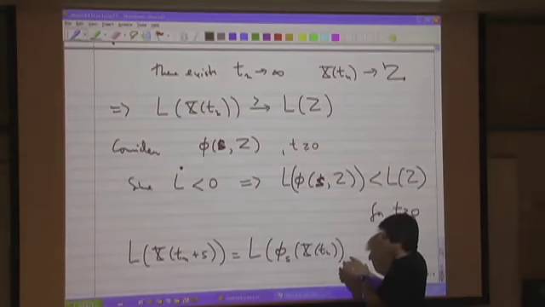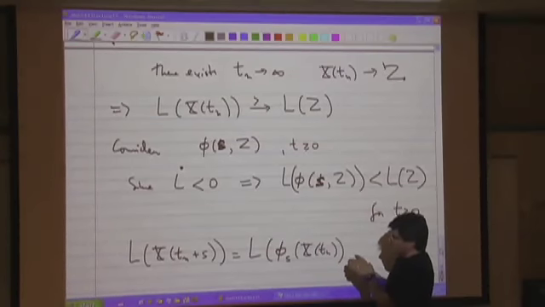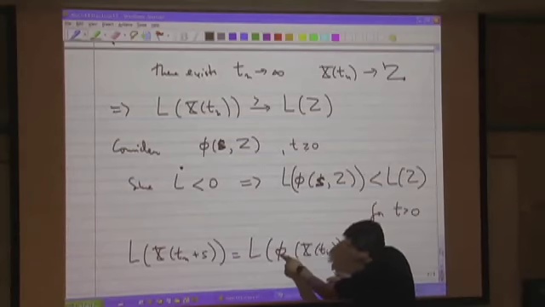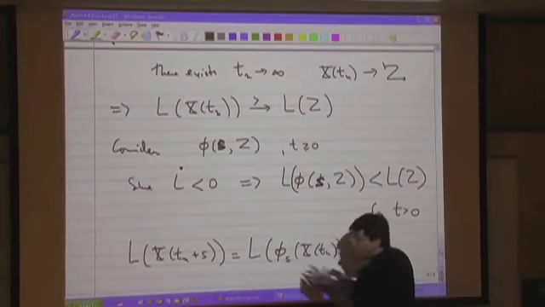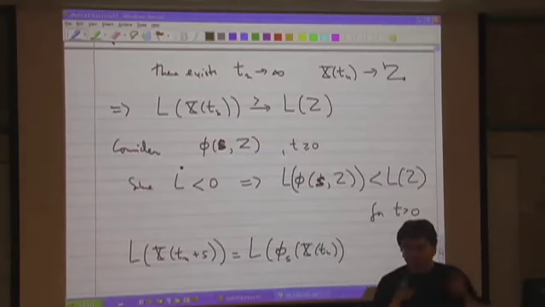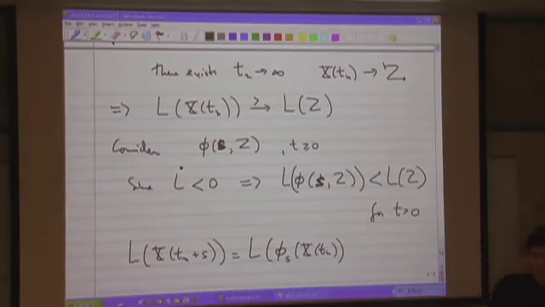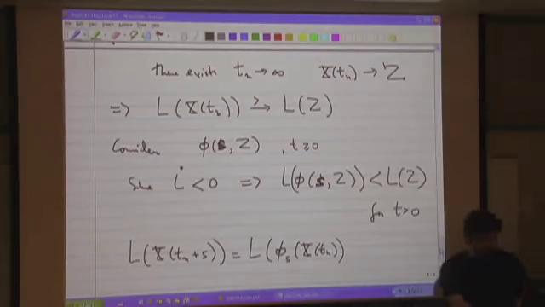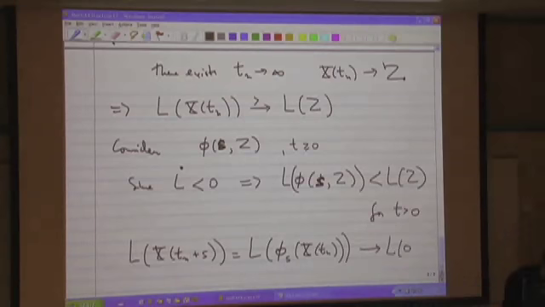The flow is continuous, which was the definition of our dynamical systems. It is continuous in xn, so in the limit this goes to L of phi_s of z.